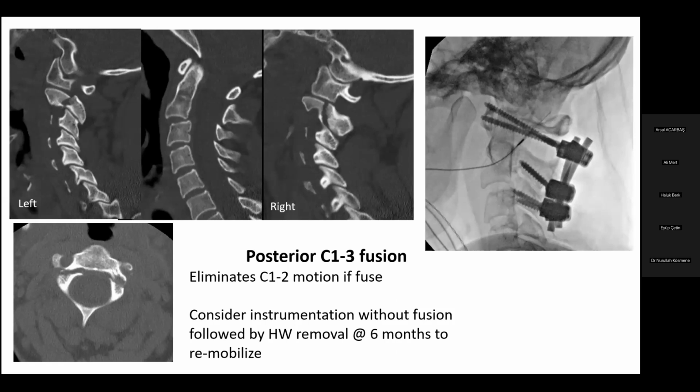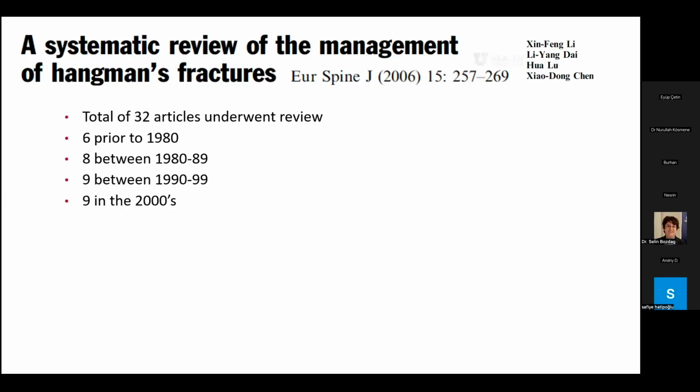If I was going to use this technique, because Hangman's fractures heal quite well, and once they heal, they're stable, you could consider this form of instrumentation without fusion at 6 months. Use a CT scan, verify healing, and then remove the instrumentation to remobilize the spine. We use that strategy not infrequently now with complex upper cervical fractures.